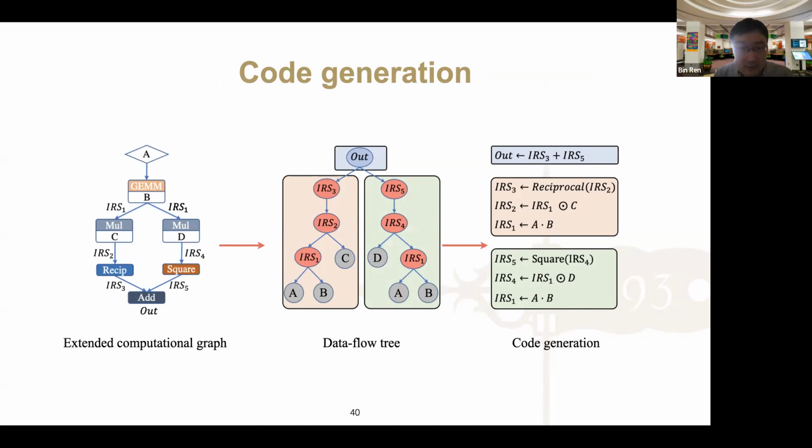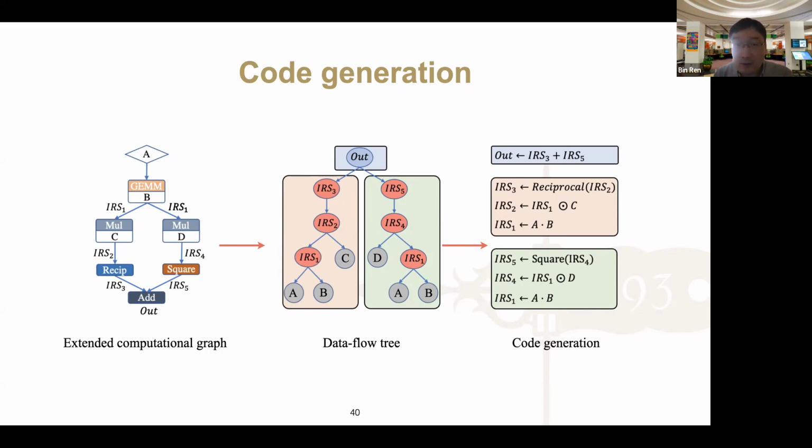In order to fuse it into a fused operator, we are going to extend the computational graph into an extended computational graph by labeling the data, intermediate data and output data on this computational graph, and then we are going to create a data flow tree. The root node of this data flow tree is the output of this subgraph, the internal nodes are the intermediate results, and the leaf nodes are the input data of this computational graph.